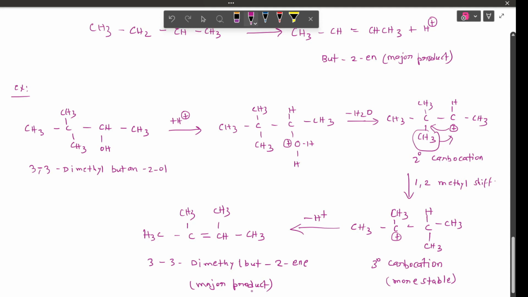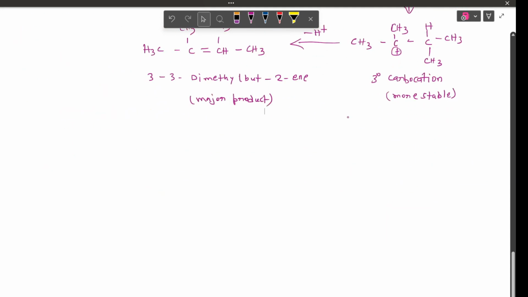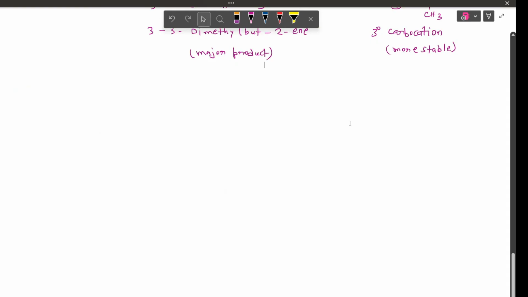Okay. Now regarding this, let's see the orientation of dehydration. For dehydration of alcohols, we have a name reaction, that is Saytzeff's rule. So let's see what is Saytzeff's rule.